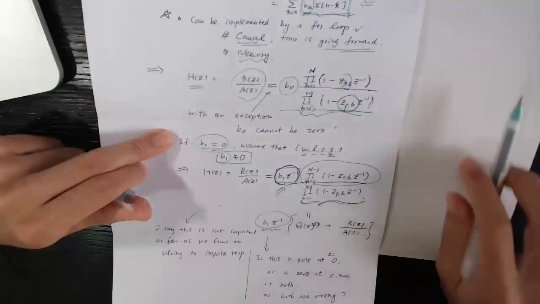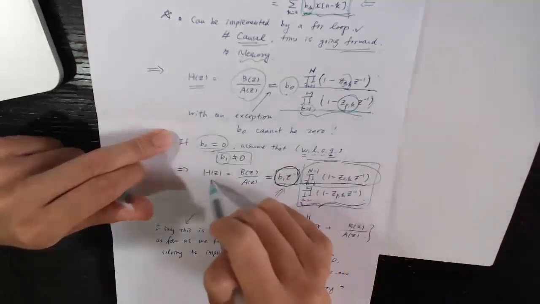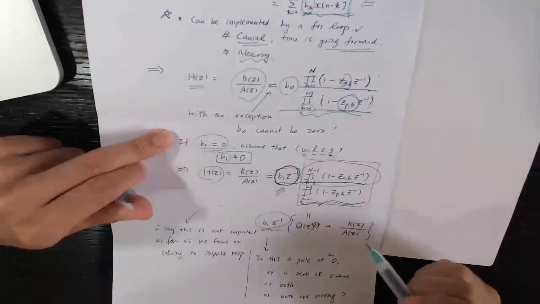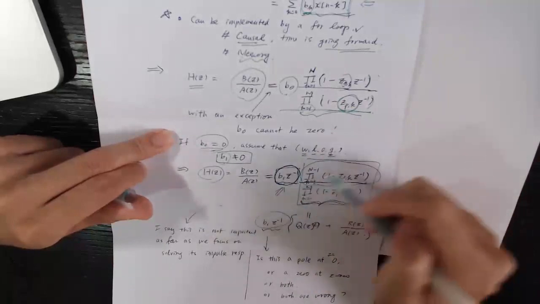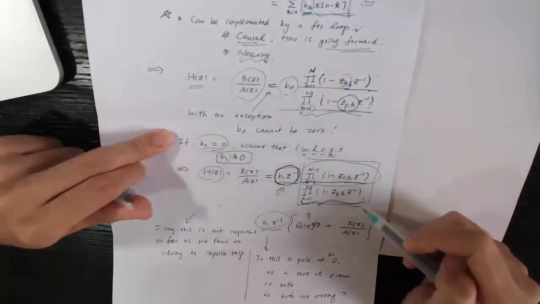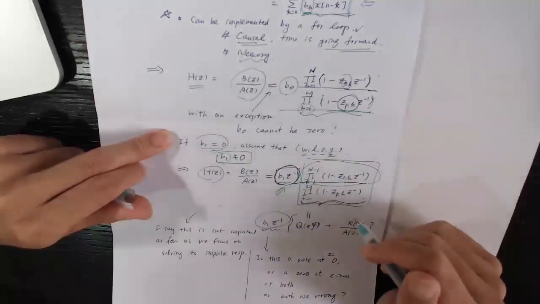So let me ask the question now. The entire system function has two parts. One is b1 z inverse. The other part is the classical, canonical expression.